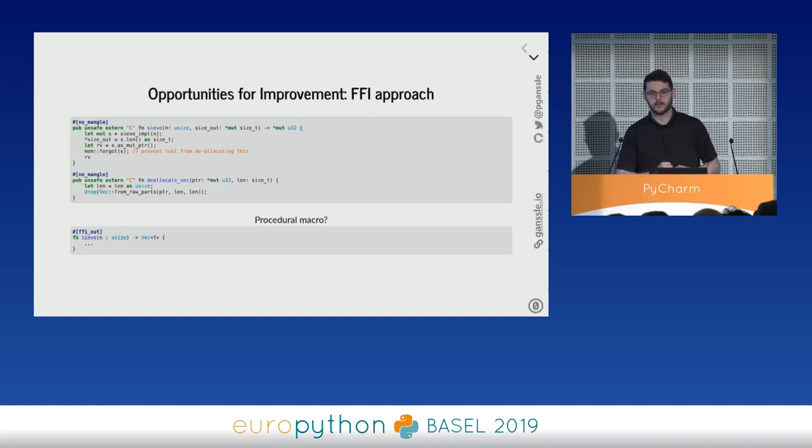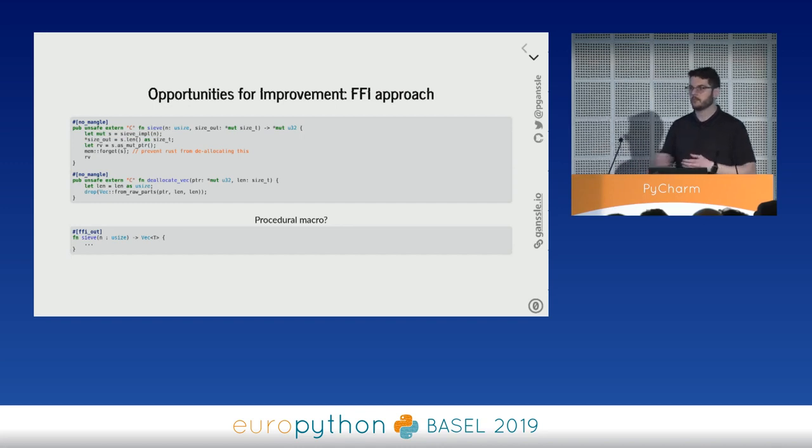Okay, so I think both the Milksnake approach and the Pyo3 approach are early enough in the game that there are lots of opportunities for improvement, which is to say it's kind of hard to even make a choice for the long term at this point, because both of them can improve a lot. For the CFFI or Milksnake approach, a lot of those problems that I talked about, how difficult it is to wrap these things and how much you have to manage the memory, could probably be fixed by taking some of Pyo3's approach and writing procedural macros, which will automatically generate this kind of code from macros.